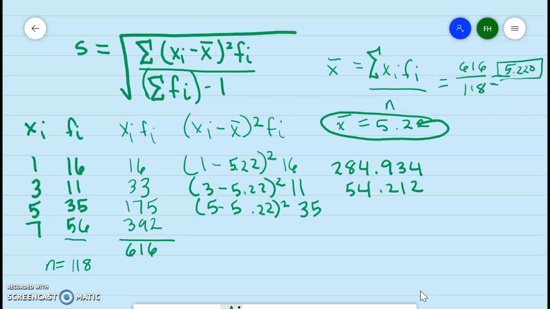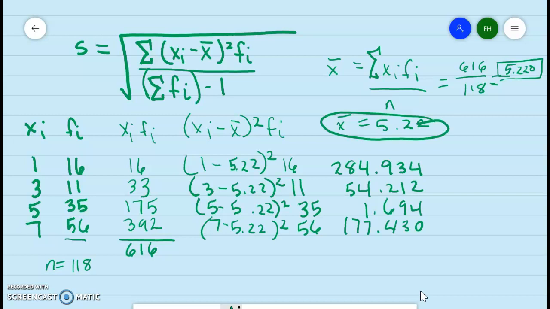And you're going to get 1.694. And then you're going to do 7 minus 5.22. You're going to square that and times it by 56. And you're going to get 177.430.